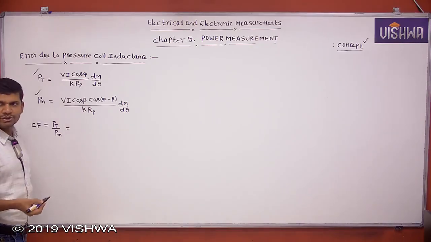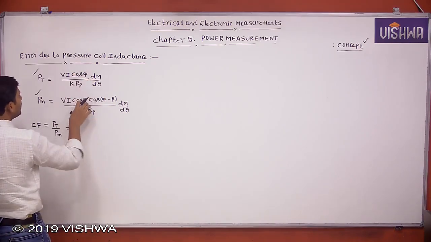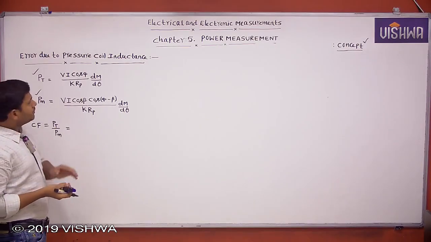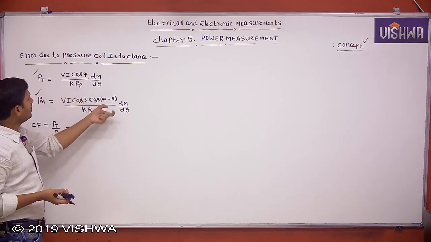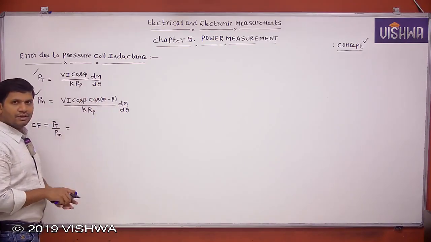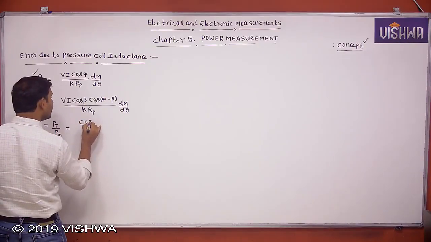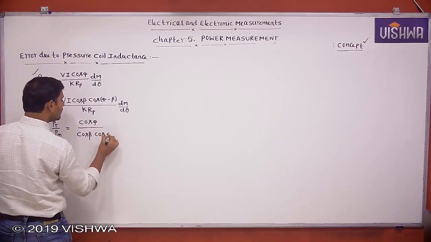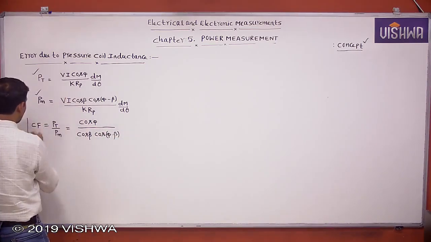You know the true power equation and the measured power equation, you substitute here. VI cancels, K R P cancels, dM by d theta cancels. Then what you get? Cos phi by cos beta into cos of phi minus beta. This is the correction factor.